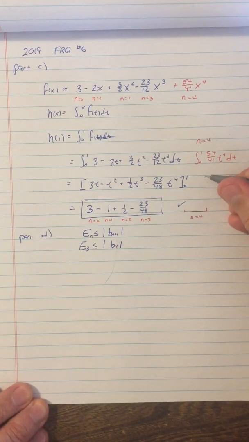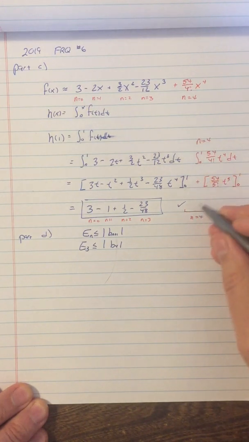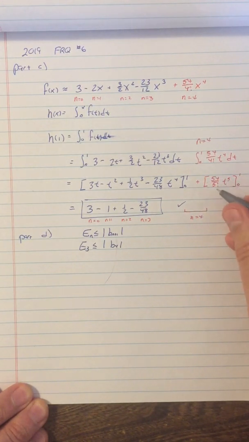I'm going to have t to the 5th, and then I divide by 5. And if I multiply 4 factorial by 5, I get 5 factorial. So here I have 54 over 5 factorial t to the 5th from 0 to 1. That's going to be our b4 term, and that's what we're headed toward, getting what b sub 4 is.